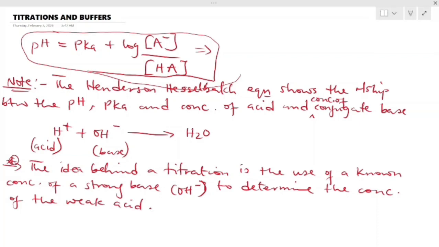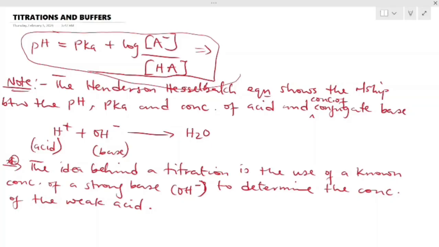So you try to figure out something here by using what is available, what is given, or what is already known based on the reaction that you know, and there you begin to apply the Henderson equation.